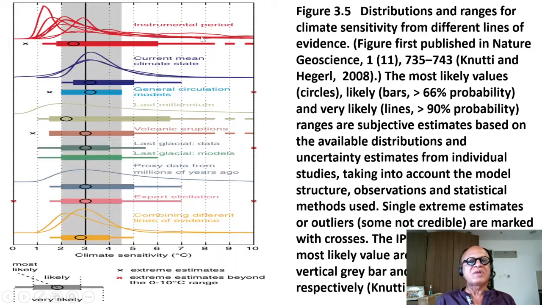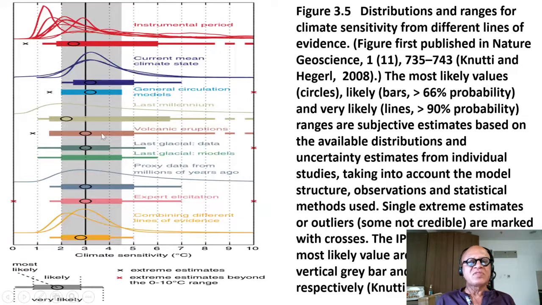So in the instrumental period, which means since the Industrial Revolution, let's say 1850 or so, the tail is very long, but more and more model simulations and data analysis tell us that these high numbers are very unlikely. Okay, so the current mean climate is somewhere here. General circulation models are somewhat within the range, but not quite.